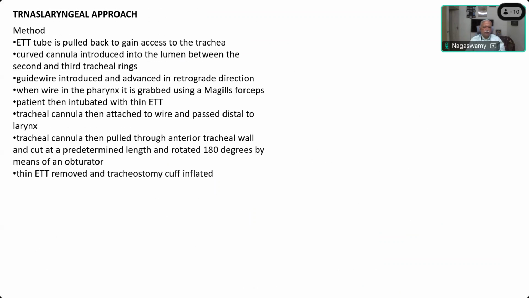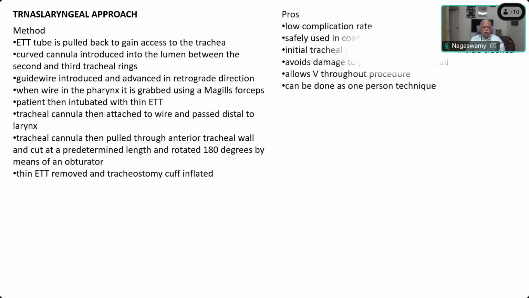The wire in the pharynx is grabbed with the Magill forceps, and the patient is then intubated with a thin ET tube, and the tracheal cannula is then attached to the wire and passed to the distal larynx. The tracheal cannula is then pulled through the anterior tracheal wall, cut at a predetermined length and rotated 180 degrees by means of an operator. The thin ET tube is removed and the tracheostomy cuff inflated. I will show you the pictures to understand that.